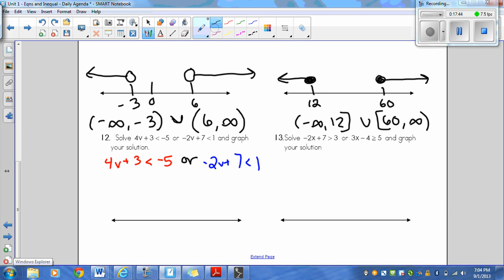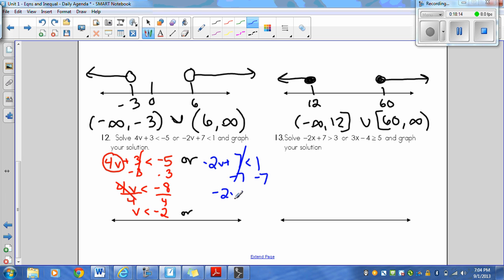Okay, so we're going to solve this just like a normal equation. We are going to subtract 3 from both sides. You get 4v is less than negative 8, and then you divide both sides by 4, and you get v is less than negative 2, or over here you have minus 7, and you get negative 2v is less than negative 6.